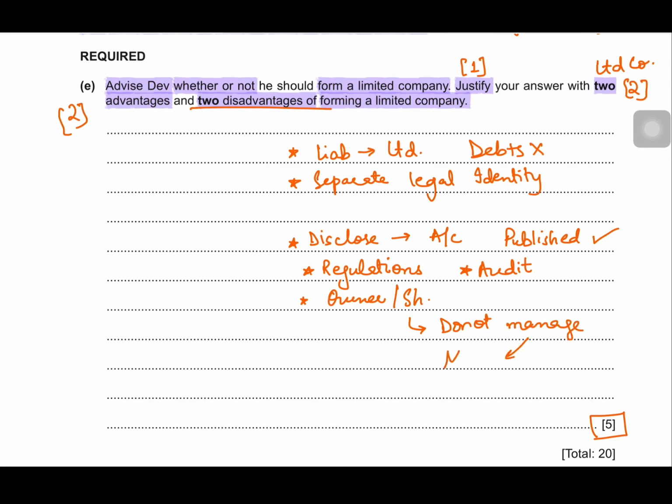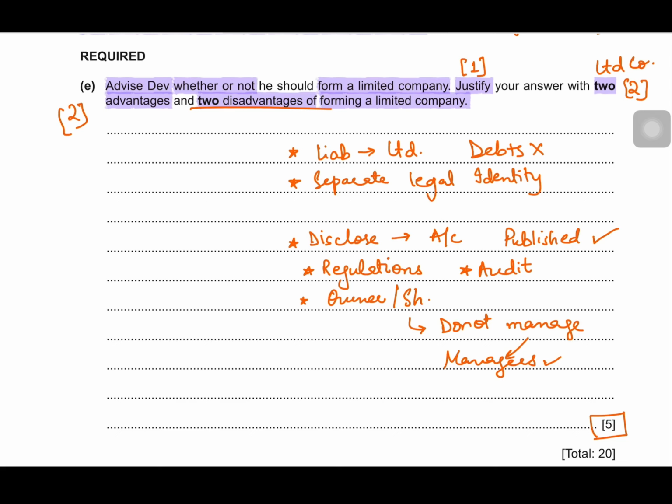The managers do that for the shareholders. So there can be disputes between the managers and the shareholders. There can be a conflict of interest as well. Some decisions Dave might want them to implement and they do not want to implement, so there can be conflict of interest, disputes, disagreements, etc.